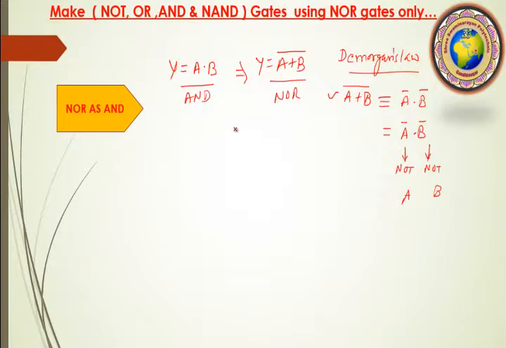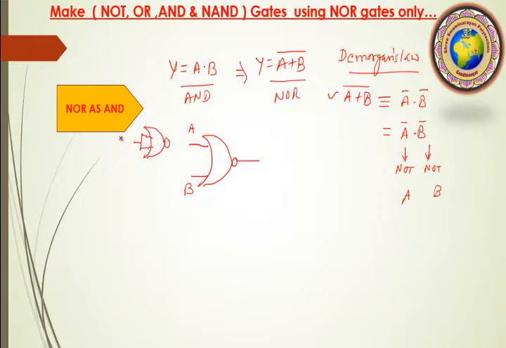How? See, first we take a NOR gate. So I take two inputs. Here is a NOR gate. Here is the A input and here is the B input, but I require A bar as an input and B bar as an input. So I take one NOR gate here and convert.